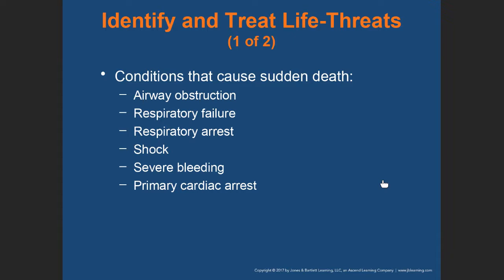Checking for changes in skin color alone cannot identify failure. The key things you need to pay attention to are the patient's level of consciousness as it declines, and is there adequate chest rise. These are the key things to identify failure.